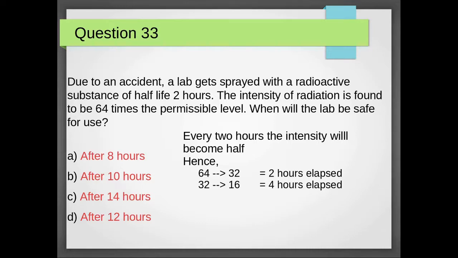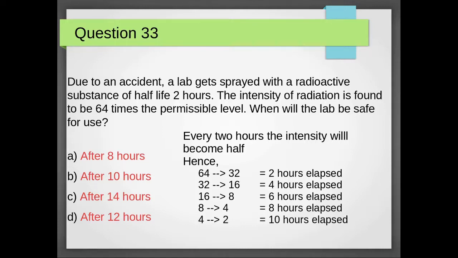That's 2 more hours have elapsed. 16 will become 8 when 6 hours have passed since the accident happened. 8 becomes 4 after 8 hours have elapsed. 4 becomes 2 after 10 hours have elapsed. And 2 becomes 1, which is the permissible level, after 12 hours have elapsed. So option D is the right answer.